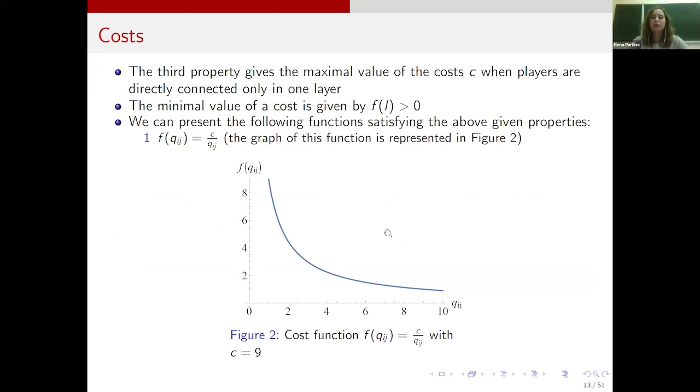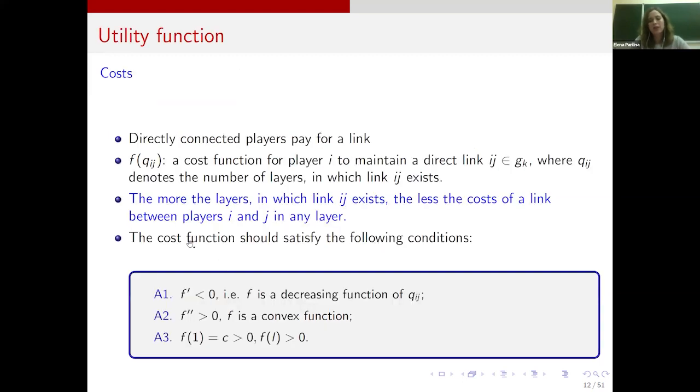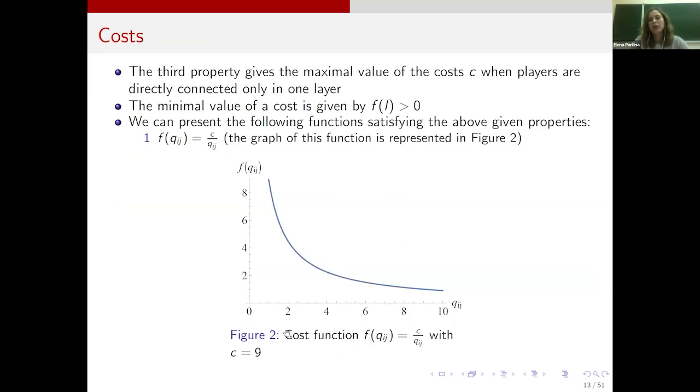We provide three types of cost function. So in some of our results, we assume the general cost function only satisfying this condition, as well as we present three types of cost functions satisfying this condition. The first one is a very simple one. We assume that the cost is C divided by the number of connections between players, so the link ij in the whole network.